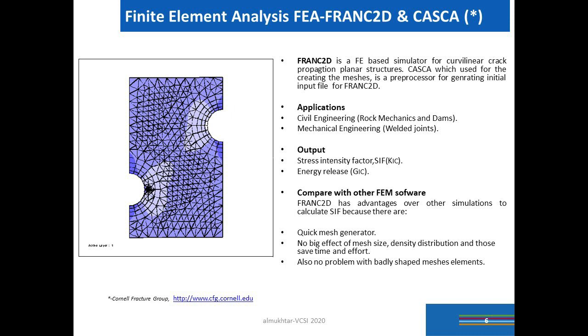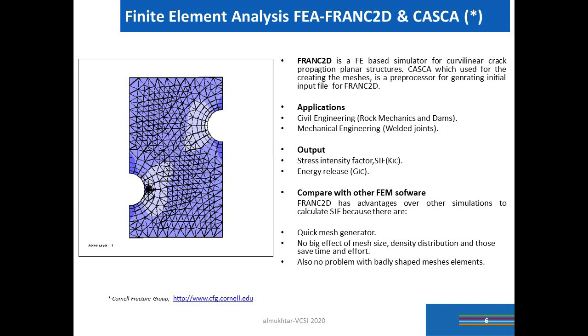The fracture analysis code, or finite element analysis software, Frank 2D was used in this simulation. Frank 2D is a finite element based simulator for crack propagation, and CASCA is a preprocessor for generating the initial input file for Frank 2D. We published different works using this software in rock mechanics and jointed rock.